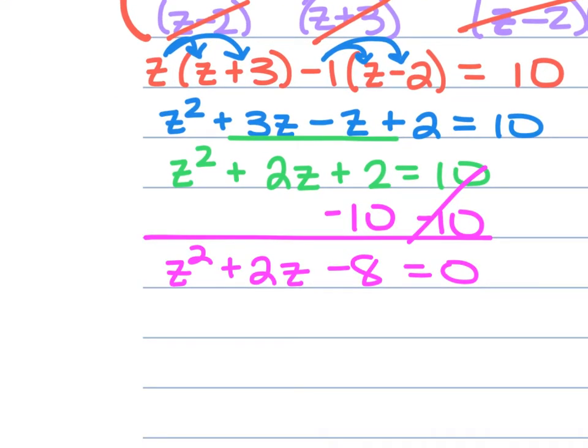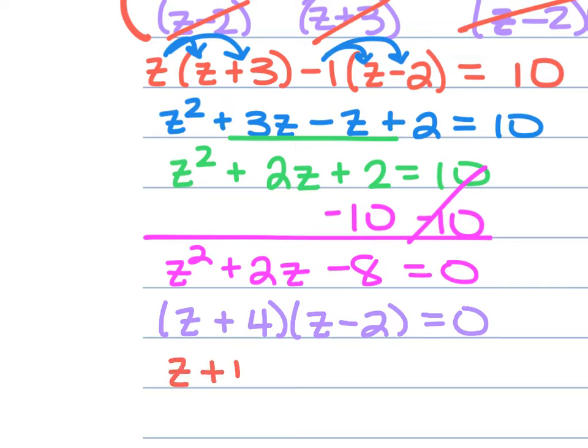So what are the factors of negative 8 that add up to be a 2? We have 4 and negative 2, so this is going to be z plus 4 times z minus 2 is equal to 0. So from here, we are going to set each of these equal to 0. So z plus 4 is equal to 0, and z minus 2 is equal to 0.